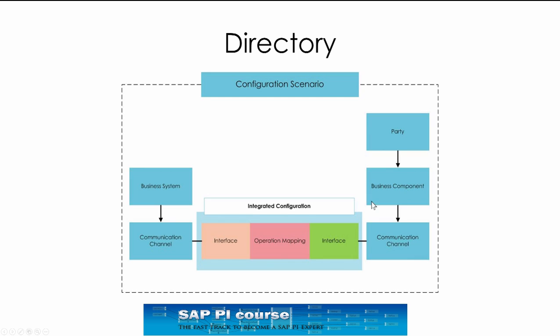You have the business components that you want to deal with. Business components are just created in the directory, and then you have a sender communication channel that you want to have for this one, where the message is being delivered. So these are the objects you have in the directory.